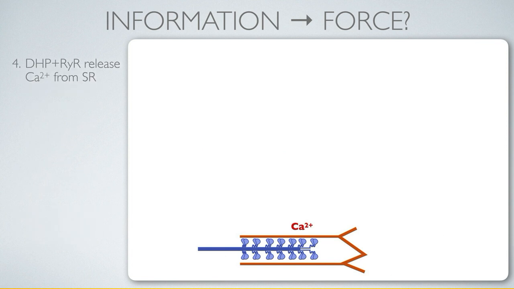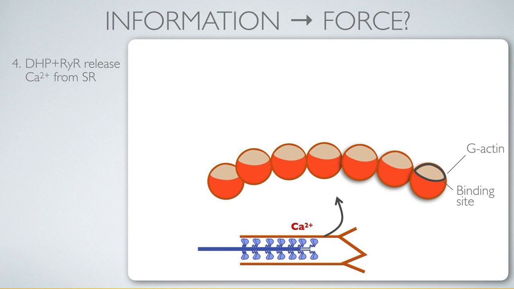All right, what happens next? Now let's focus on how calcium activates the thick and thin filaments. First, the thin filament, which we see in this reddish color. The thin filament is composed of G-actin. It's a string of G-actin monomers. So each of those circles there is a single protein, G-actin.